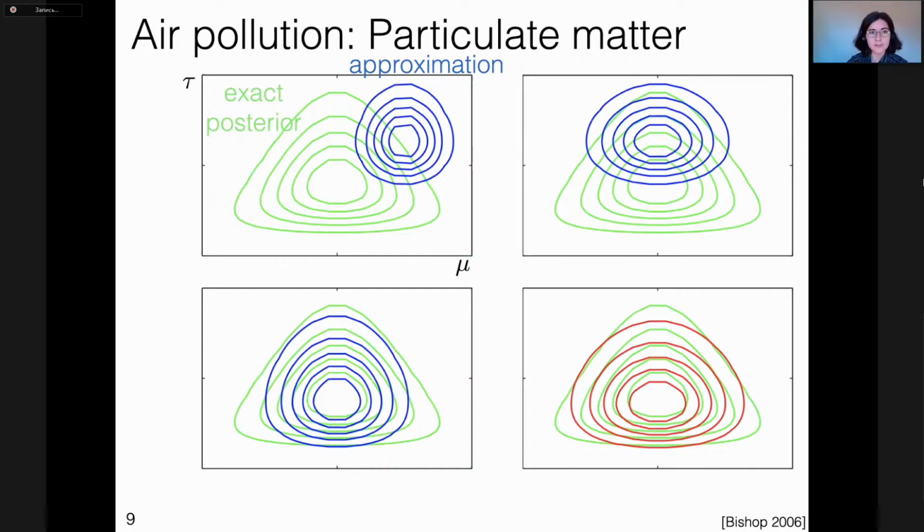I mean, this red distribution is certainly not exactly the green distribution, but it seems like it captures aspects of that. So, we want to be really careful in our wording. There's a few things that are means and variances at this point. There's parameters that are interpreted as mean or variance parameters.